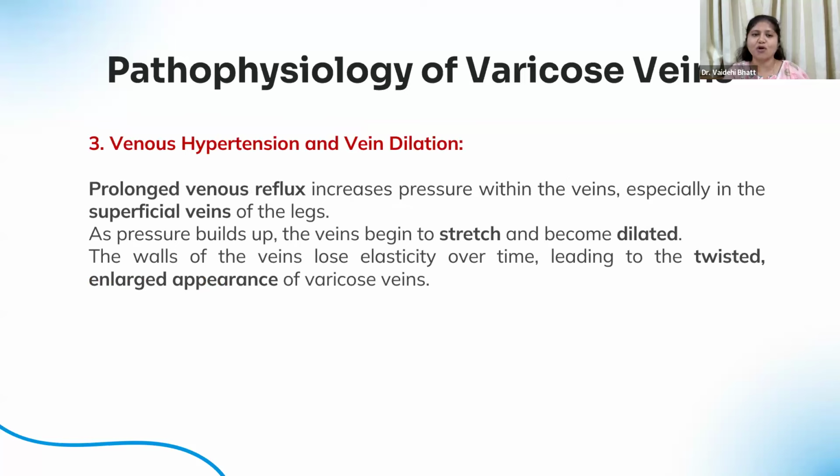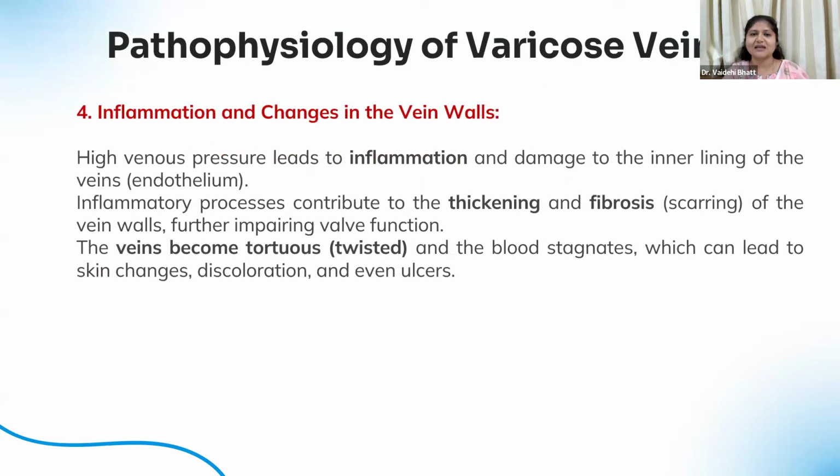So this prolonged venous reflux leads to an increase in pressure of the superficial veins, and that will lead to stretching and dilated veins, having a twisted and large appearance. Then the inflammation and changes in the vein wall. The high venous pressure leads to inflammation and damage to the inner lining of the veins, and this inflammation process will lead to thickening, fibrosis and ultimately scarring of the vein walls.